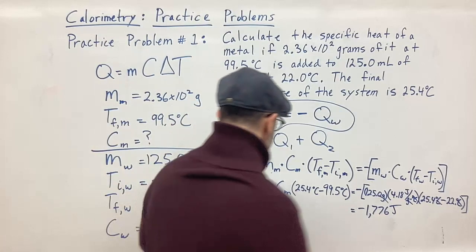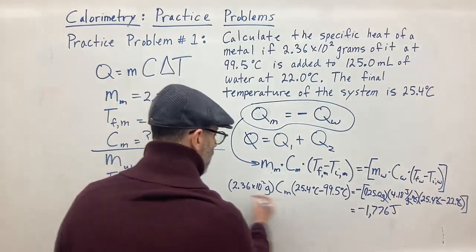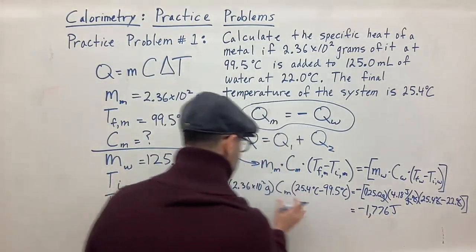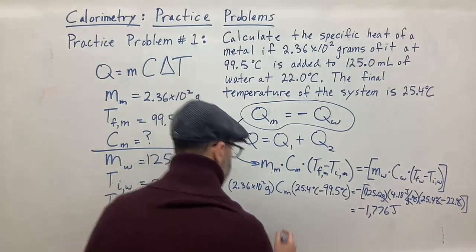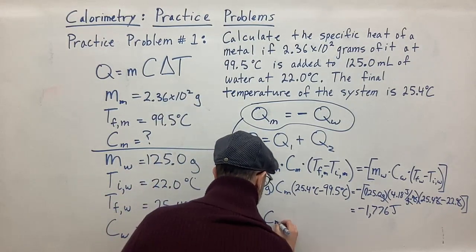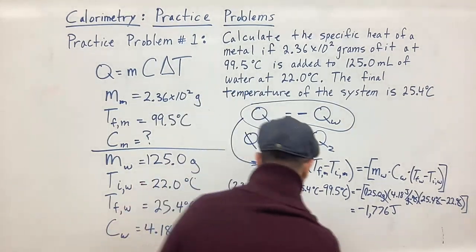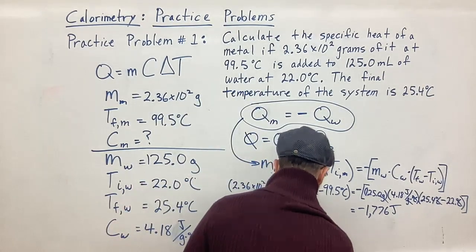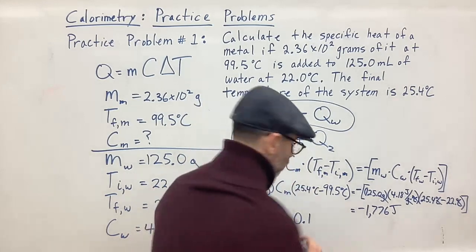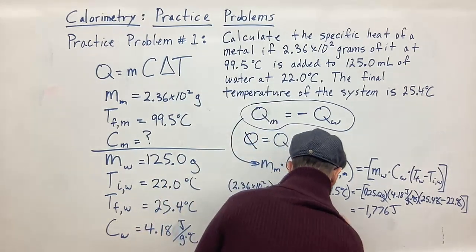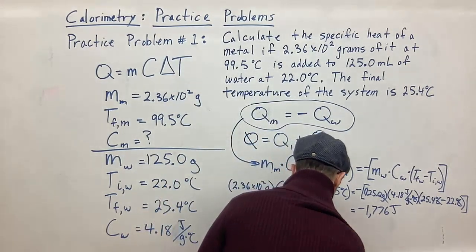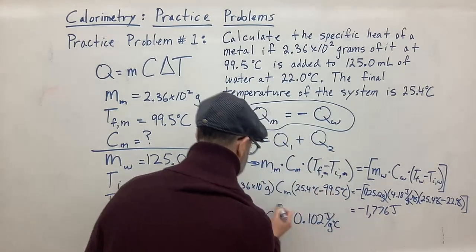So then when you divide both sides by these, you end up with a specific heat of 0.102 joules per gram degrees Celsius.